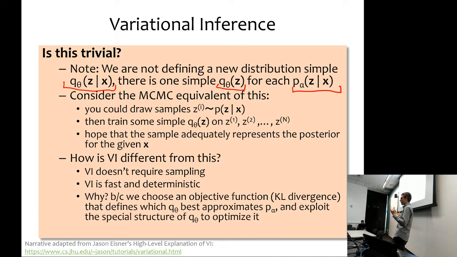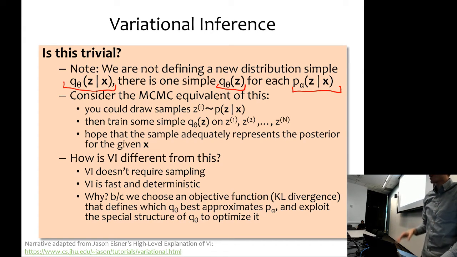So whatever it is that you're conditioning on, the only reason that Q of z is going to look like P of z given x is because we're going to define some objective function that tries to make them look like each other. Okay, so let's think about a Markov chain Monte Carlo equivalent of this.